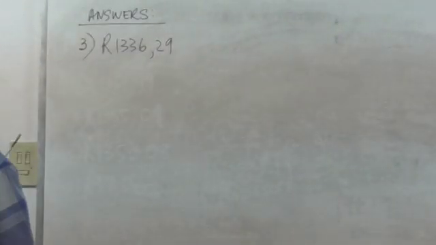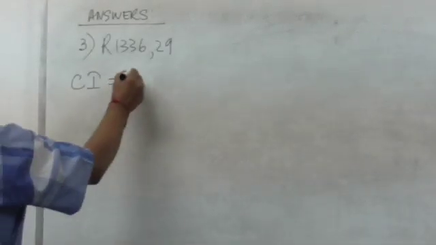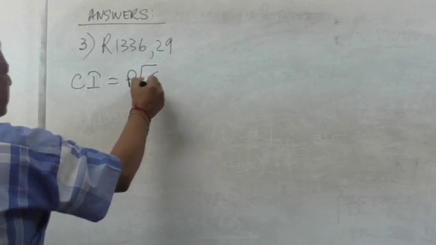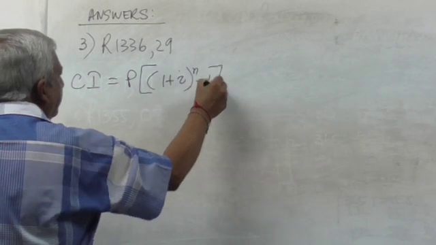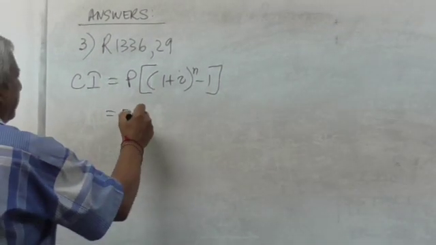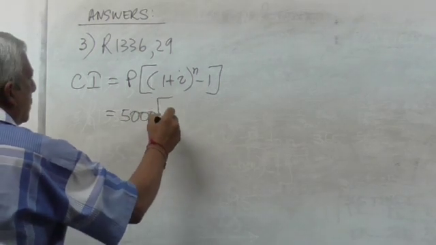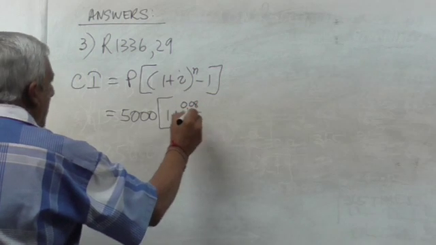There's a shortcut way. First, the shortcut way is that the compound interest is equal to P into 1 plus I to the n minus 1. So your P here is 5,000 into 1 plus I is 0,08.